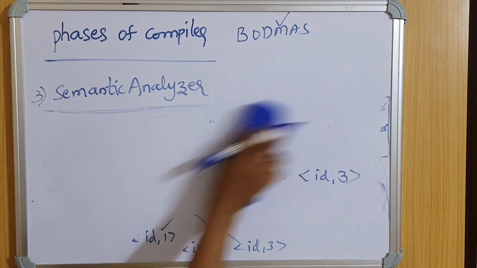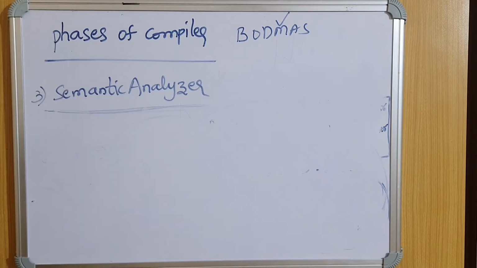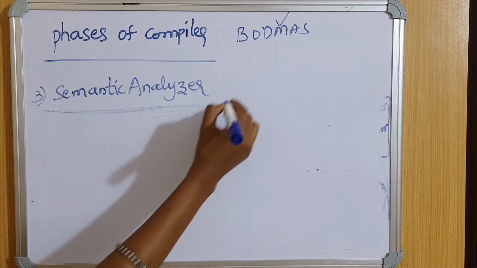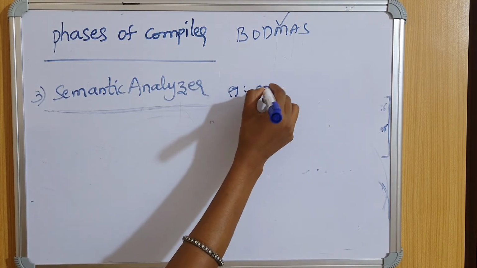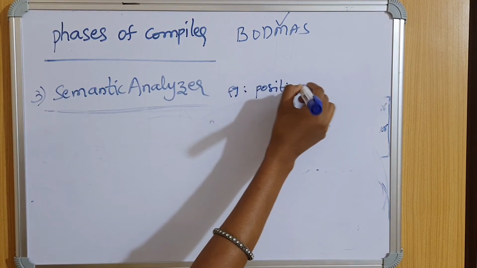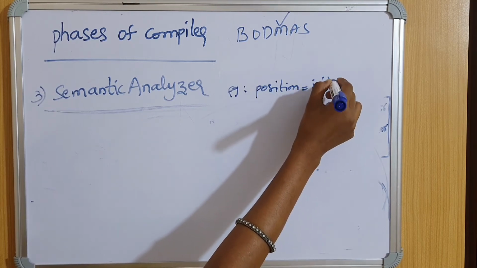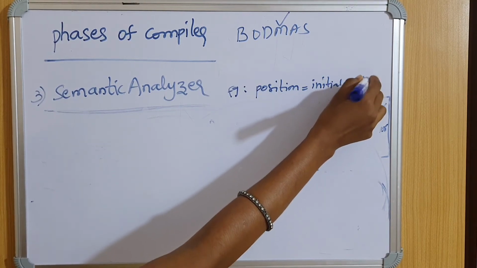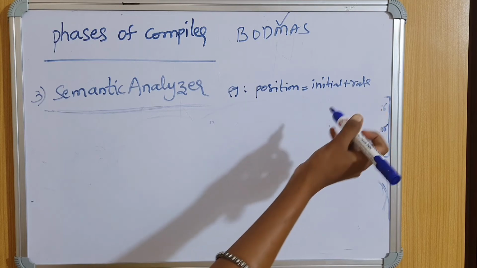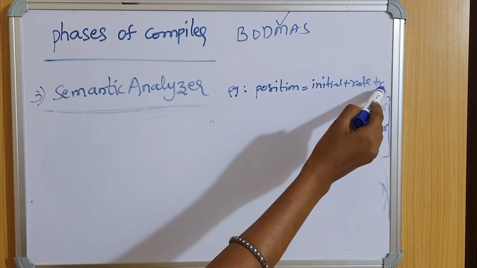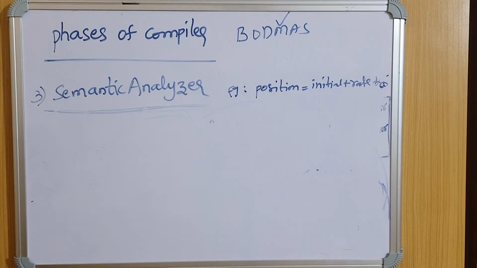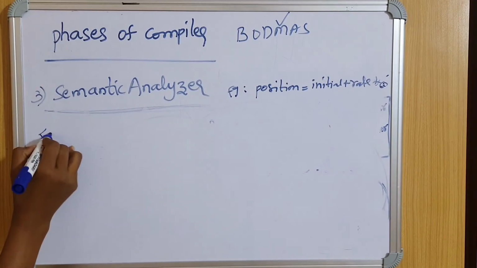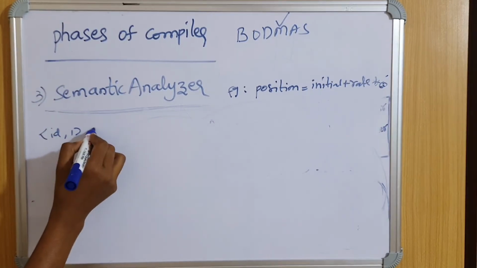So with the example we took previously, you can understand easily. Position equals initial plus rate into 60.